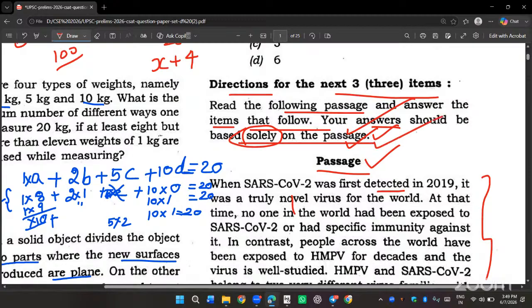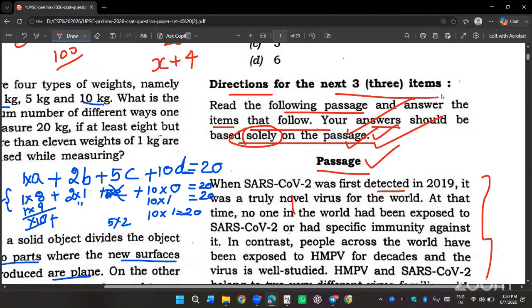Then passages will be of a different character. For example, one passage will be related to science and tech. Another passage, health. Another passage, Indian economy. Like that, they will be giving them to test the knowledge of civil services aspirants. From the first exam, we are seeing this.